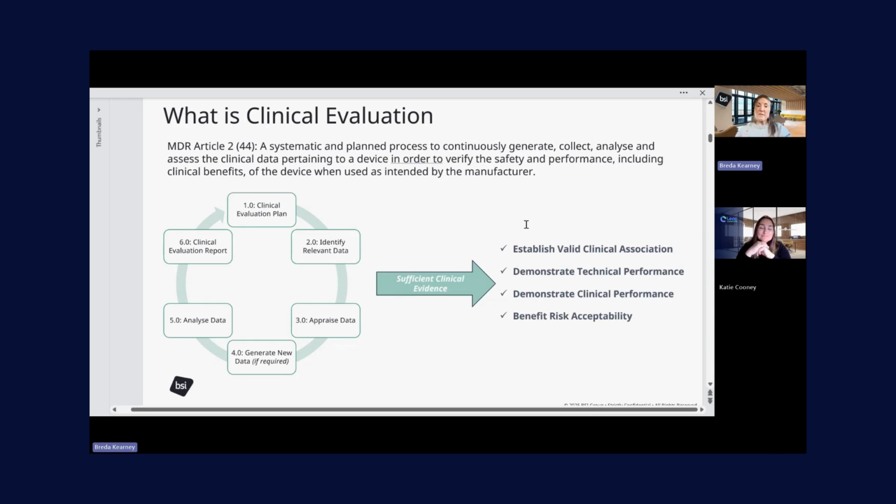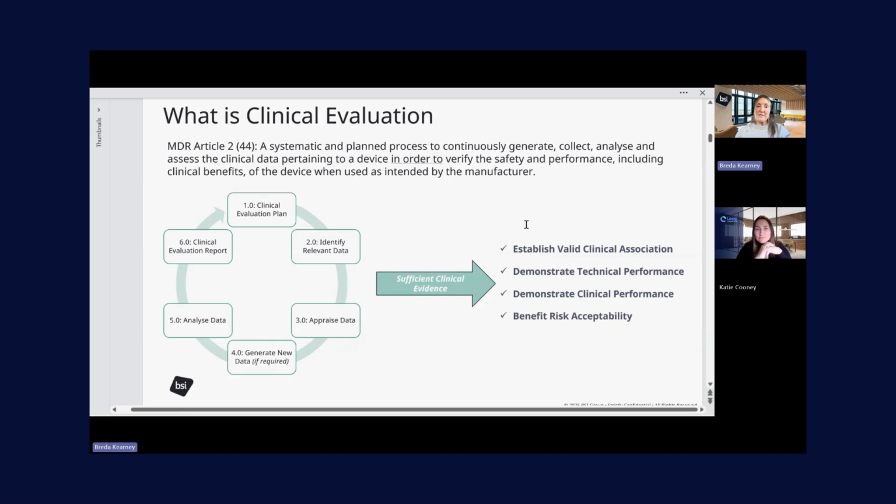And the whole purpose of it is to generate, collect, analyze and assess clinical data about our device. The reason that we're doing this is in order to verify, to confirm that the device is safe, that it performs as intended, and that it actually delivers a clinical benefit when it's used as intended.